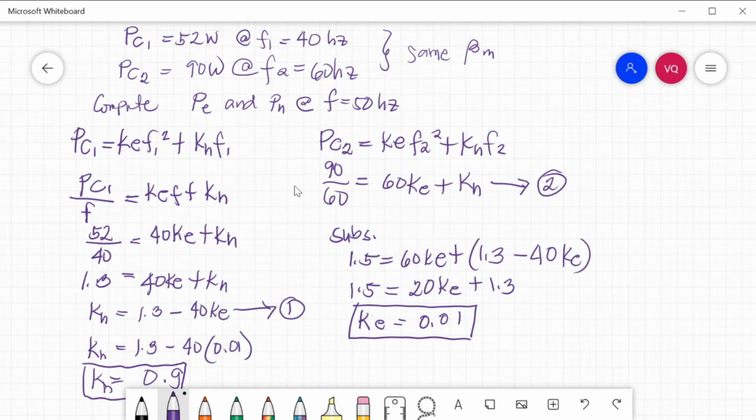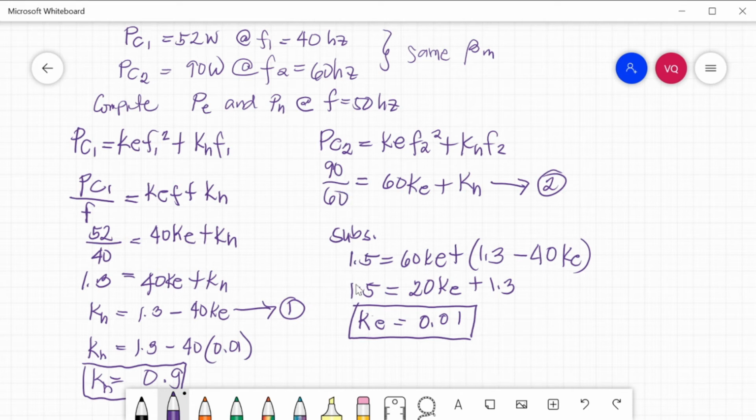So 90 divided by 60 is equal to 60 KE plus KH. That is our equation 2. For us to get PE and PH, we will first solve for KE and KH, so we will substitute equation 1 in equation 2.